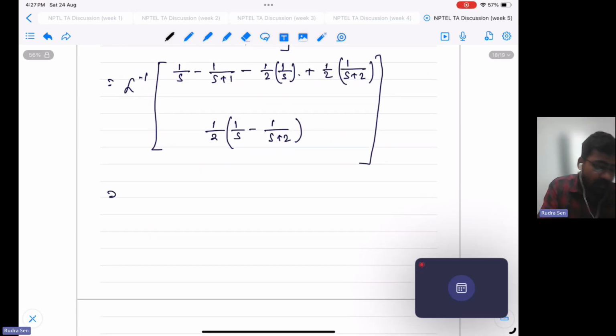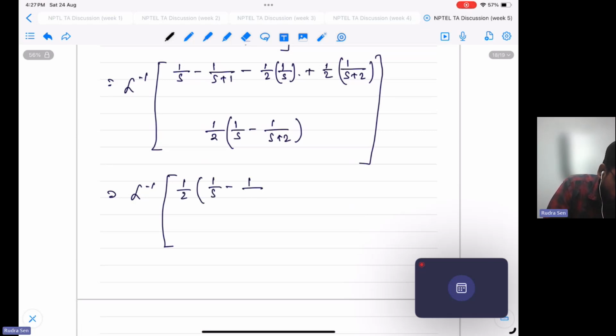So then what I get is basically half into 1 by s minus 1 by s plus 2, minus 1 by s plus 1, and here half into 1 by s minus 1 by s plus 2.